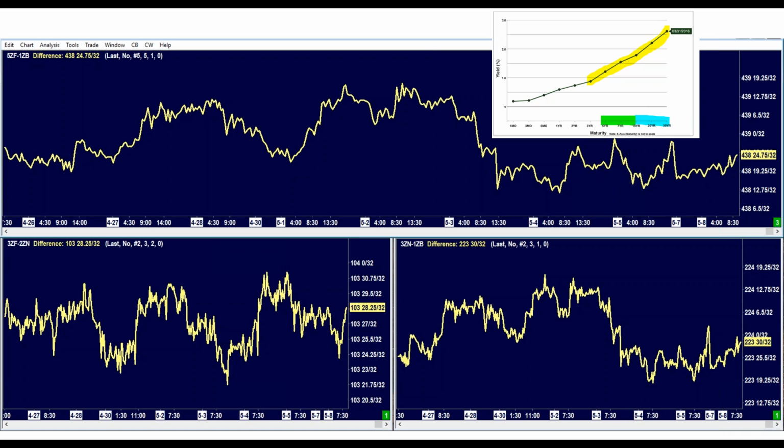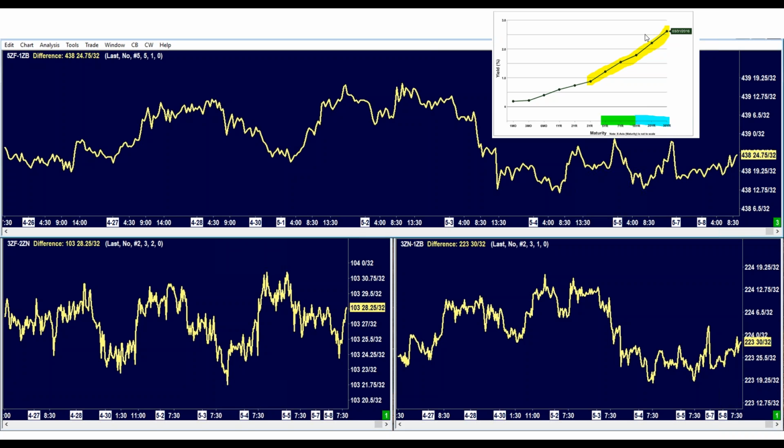Another example. This is a great example. So what I'm showing you here, 5s all the way out to bonds. It's a ton of duration. The more years that you have between your spreads, the more risk that you're going to have, the more movement.